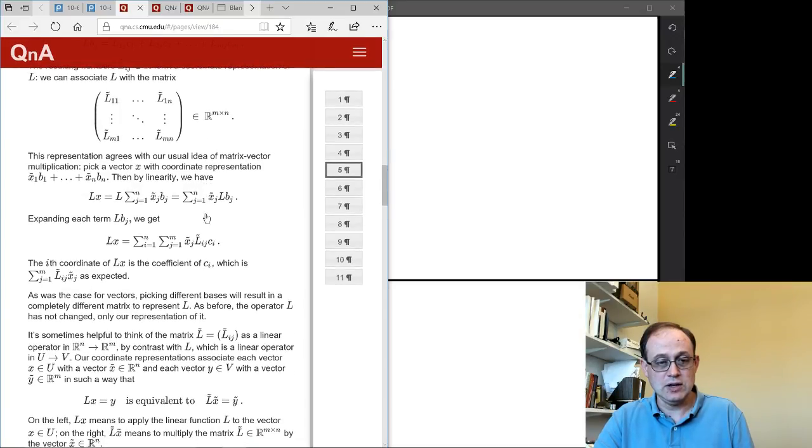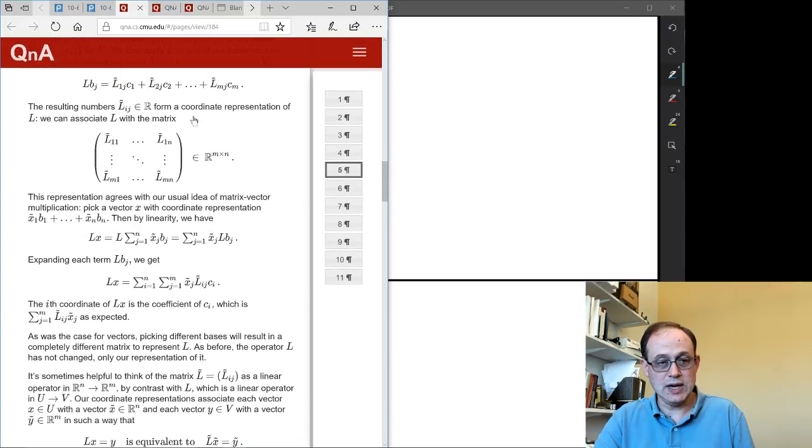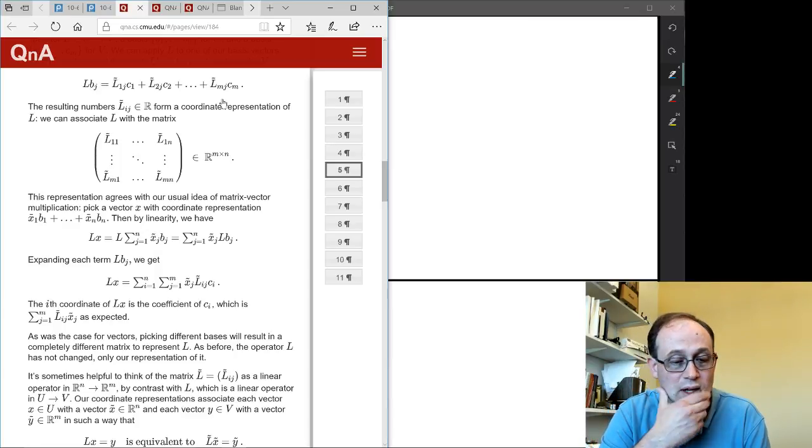So this is the sum from j equals 1 to n, and now we get a sum over i.